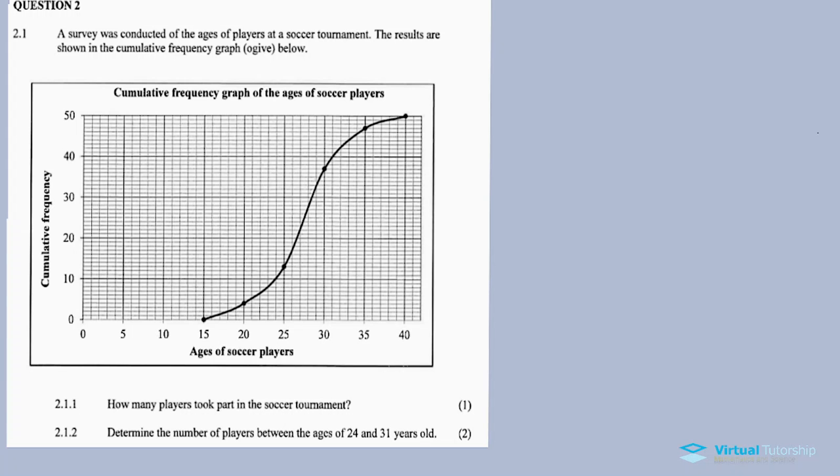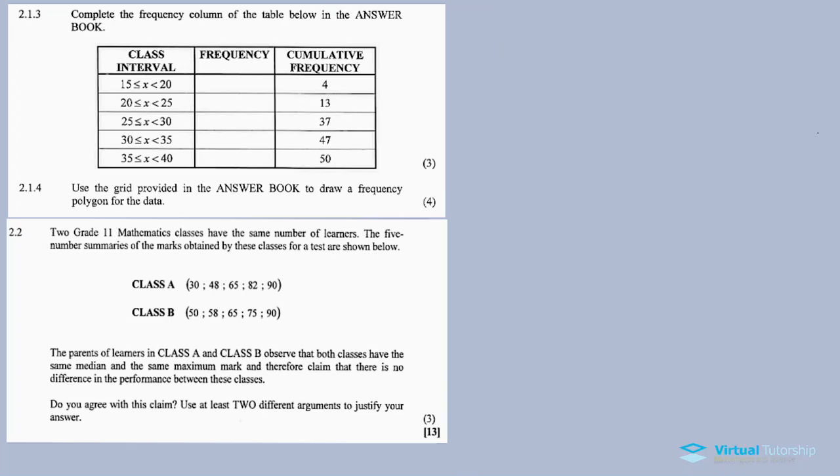So since this is a cumulative frequency graph, and we know that cumulative frequencies are obtained by adding the frequencies, right? So we have, for instance, in this table a class interval, the frequency, and the cumulative frequency. The cumulative frequency is calculated by adding up all these frequencies.